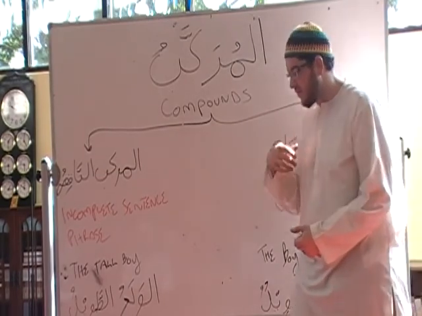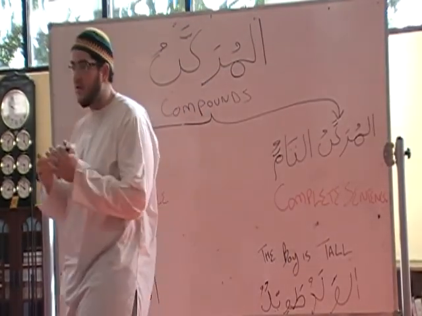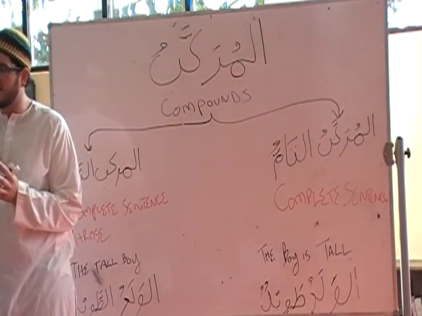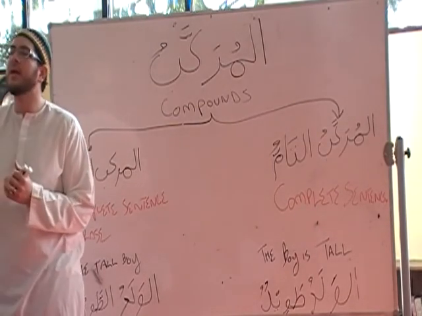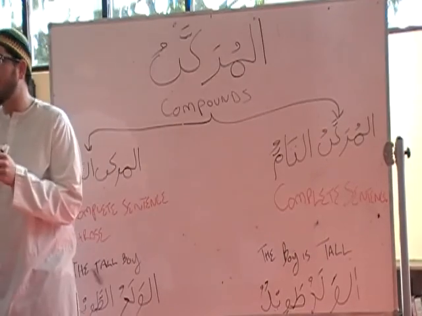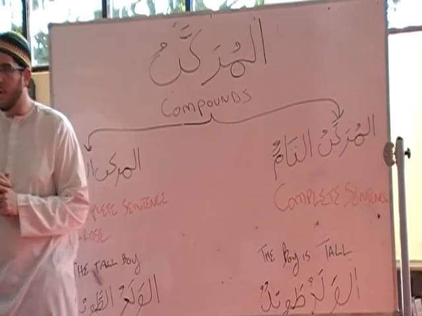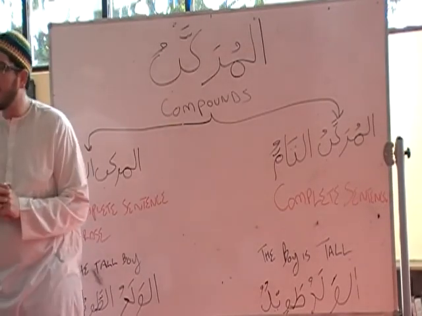As I've said before, there are 2 different types of sentences: the nominal sentence, a sentence that begins with a noun in Arabic, and a sentence that begins with a verb, called a verbal sentence, or jumla fi'liya.